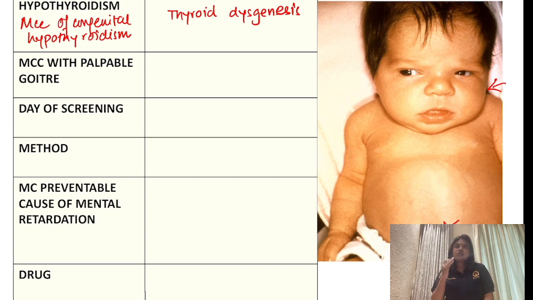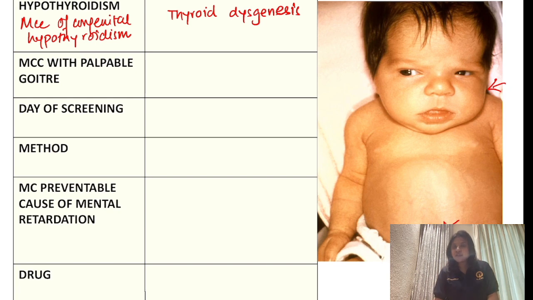So clinically you suspect congenital hypothyroidism, then you go for the thyroid profile, that is the TSH and FT4, and there you find that it is suggestive of congenital hypothyroidism, right? That is, T3 and T4 are low and the TSH is high. That is the most common laboratory or biochemical finding in congenital hypothyroidism. However, if there is a pituitary cause, the TSH is also going to be low, right?